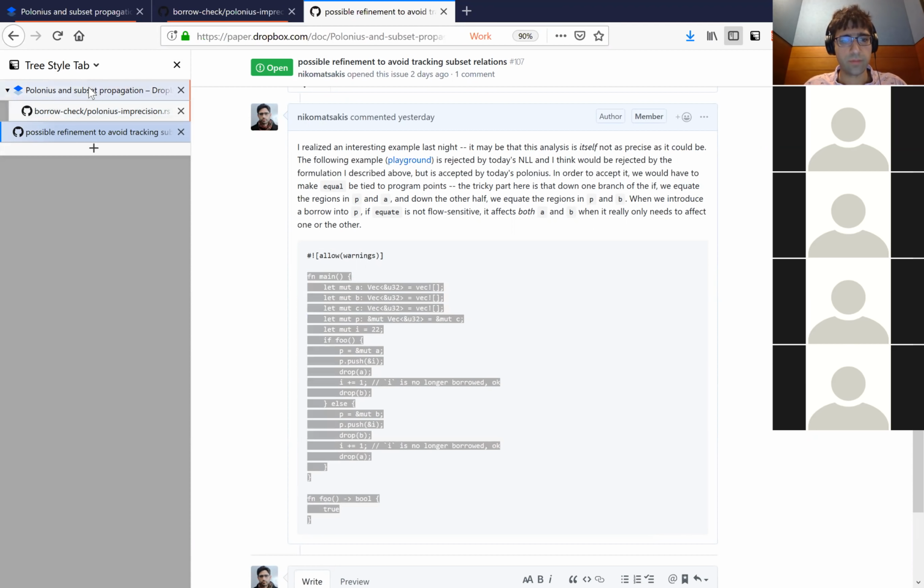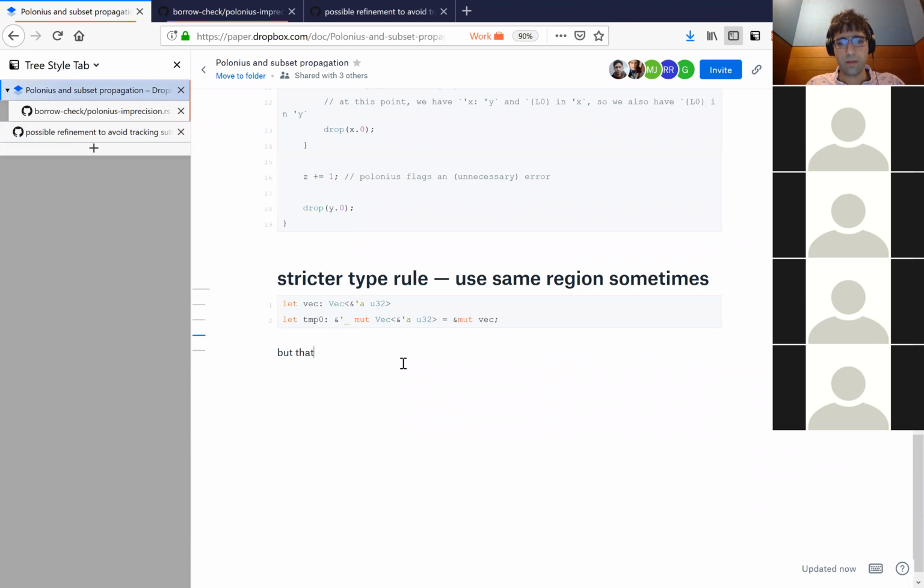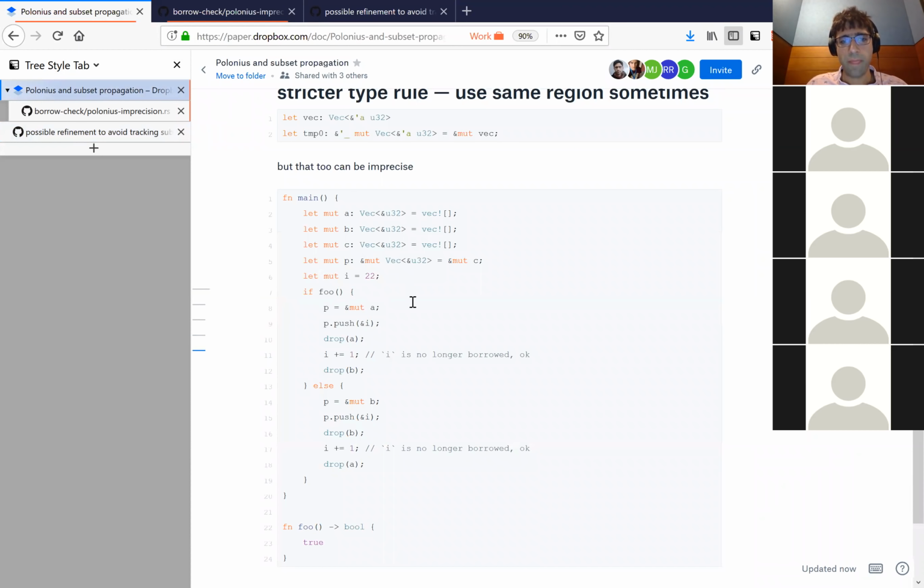So this example basically shows that problem where it's kind of complicated, but essentially what happens is you create an equality in one branch and you create a different equality in the other branch.